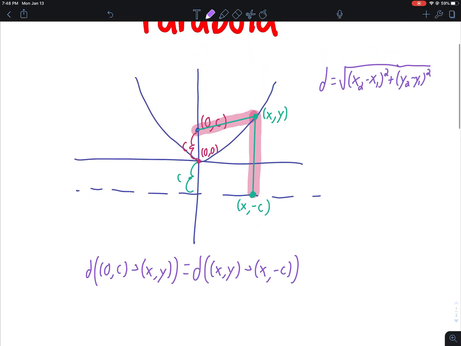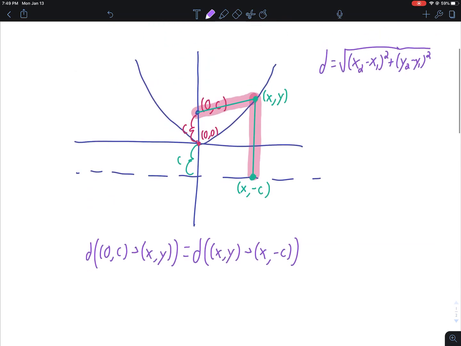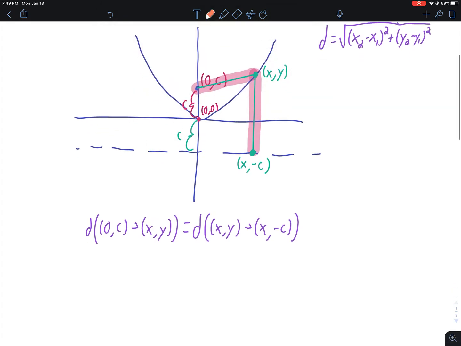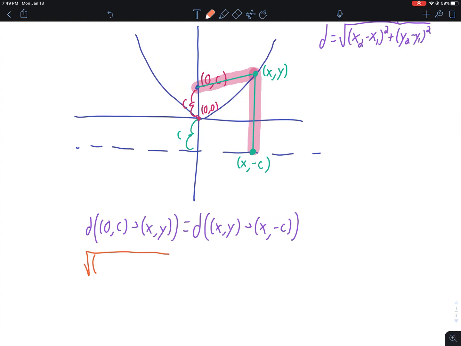And so now we're set up to go. We can use the distance formula to simplify this. The square root of the difference of the x coordinates squared plus the difference of the y coordinates squared has to equal the square root of the difference of the x coordinates squared plus the difference of the y coordinates squared.